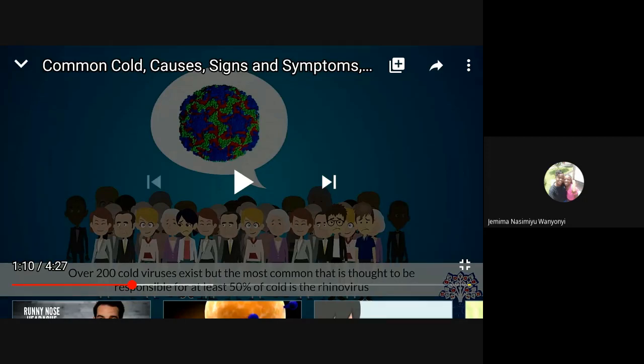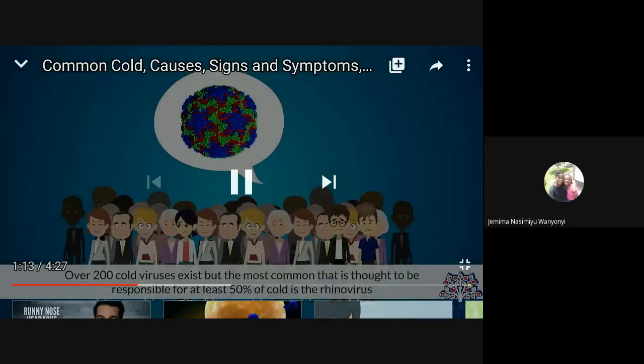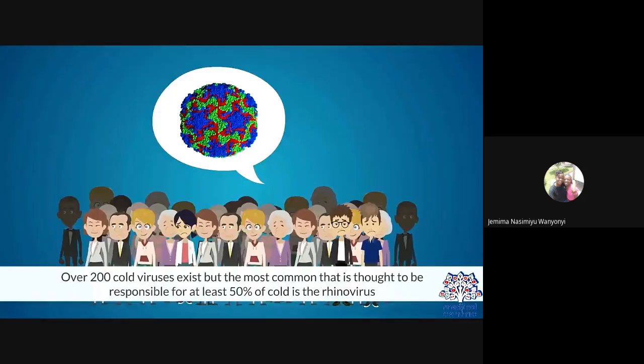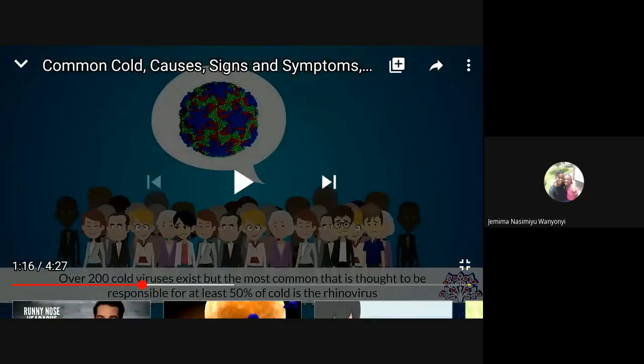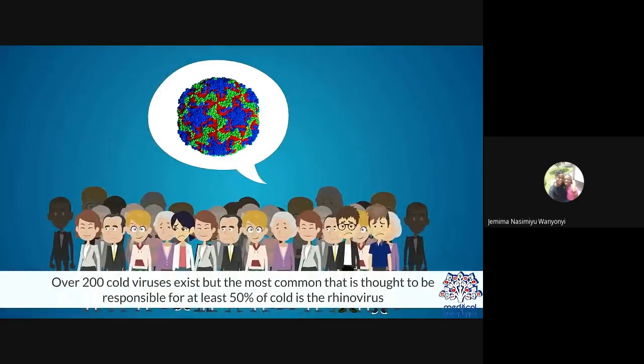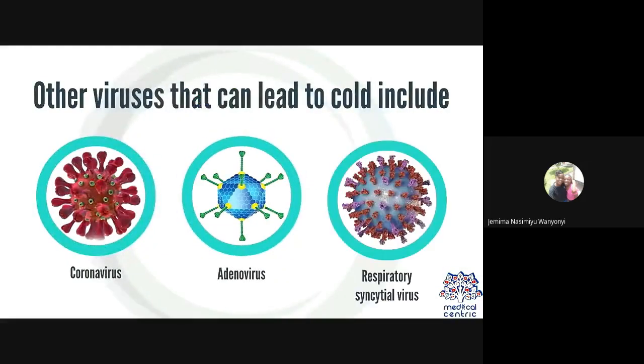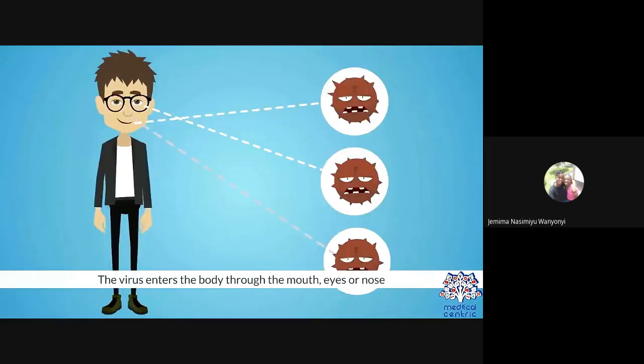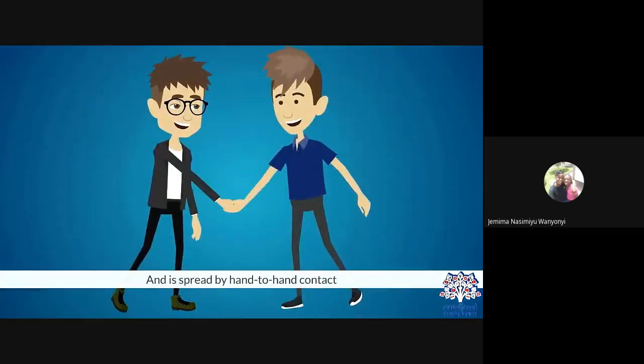Causes. 200 cold viruses exist, but the most common, thought to be responsible for at least 50% of colds, is the rhinovirus. Other viruses that can lead to cold include coronavirus, adenovirus, and respiratory syncytial virus. The virus enters the body through the mouth, eyes, or nose, and is spread by hand-to-hand contact.